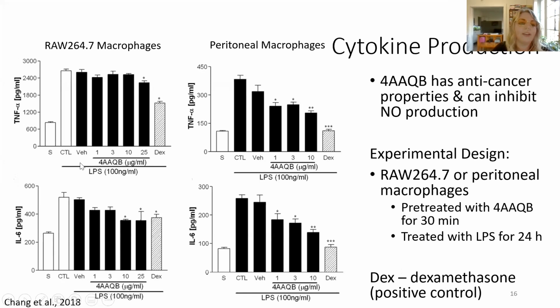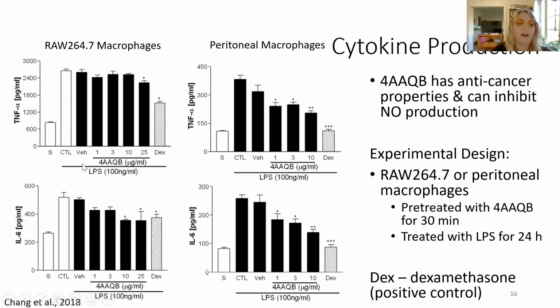And then on the x-axis, we have a couple controls, which they didn't explicitly explain, but I'm assuming that the S weren't stimulated with anything at all. The CTL control was just stimulated with LPS and nothing else. The vehicle, they did mention, is just DMSO.